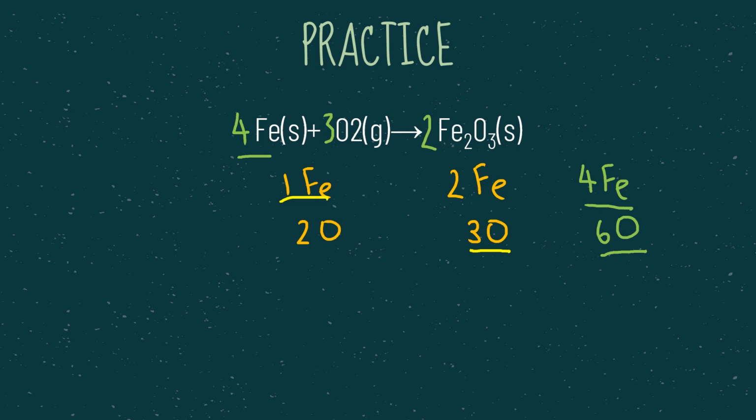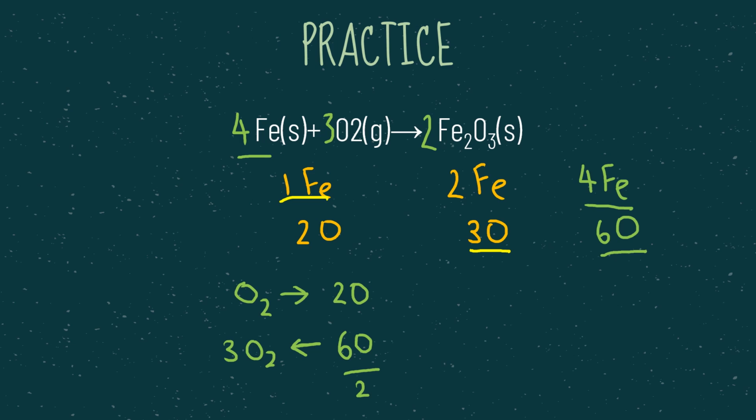You'll be asking, why do we add 3? Because O2 consists of 2 oxygens. So if we want to have 6 oxygen on the right hand side, we need to divide it by 2. Since oxygen exists as a diatomic molecule, we divide this by 2, and this gives us 3 O2s.